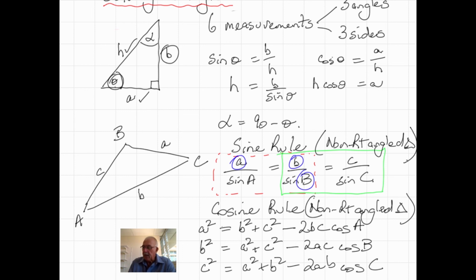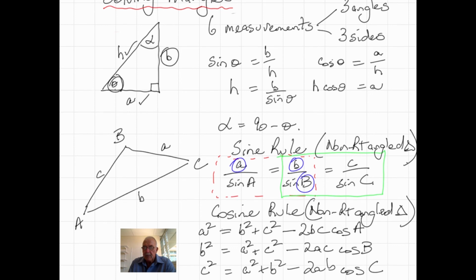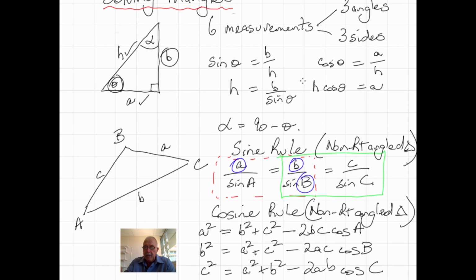All right, so we need to be able to solve triangles. There are 6 measurements in any triangle, 3 angles and 3 sides. If it's a right angle, we just use our sine, cos and tan, and maybe Pythagoras to work out the other measurements. And if it's a non-right angle triangle, we use either the sine rule or cosine rule, depending on the information we've got.